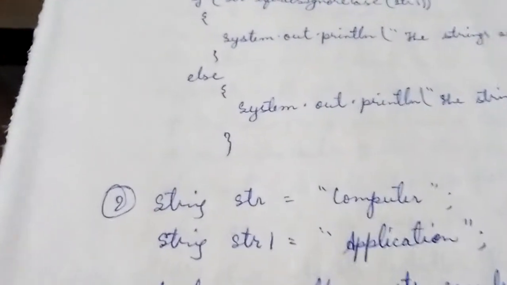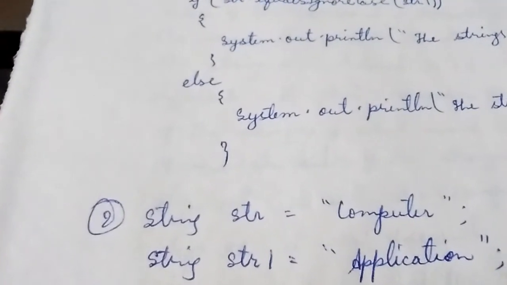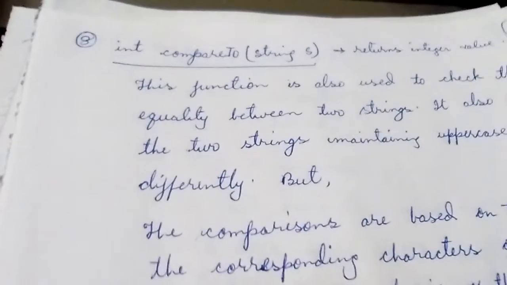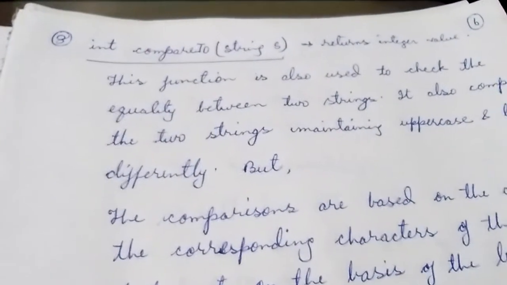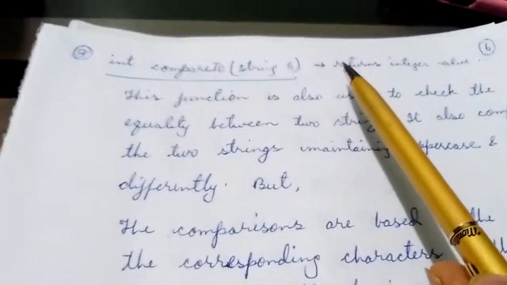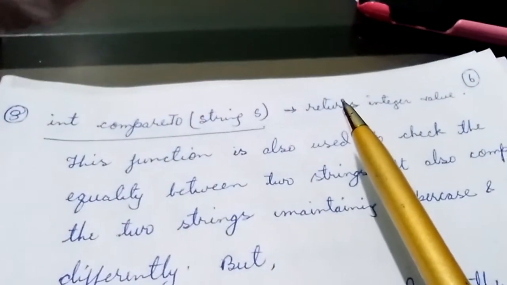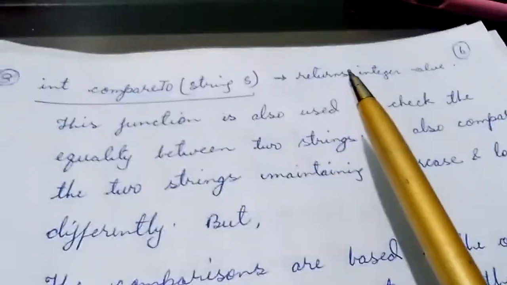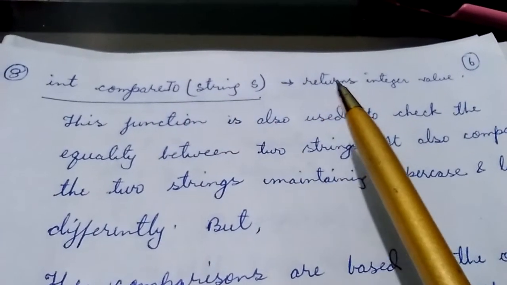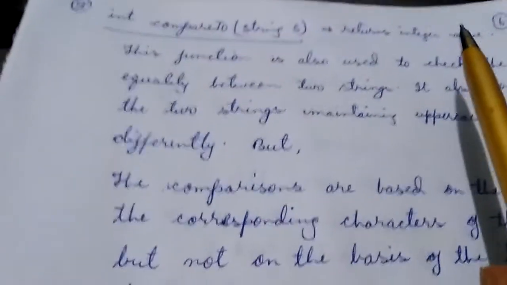For comparison between strings, we make use of equals. But there is one more function which is used for comparison between strings, and that function is compareTo. The equals function compares the strings and returns the value as true or false, whereas the compareTo function returns the value as an integer.